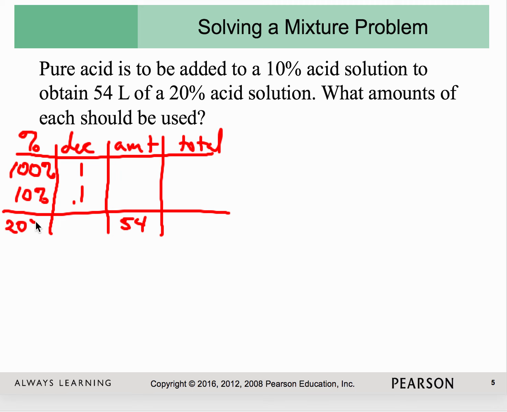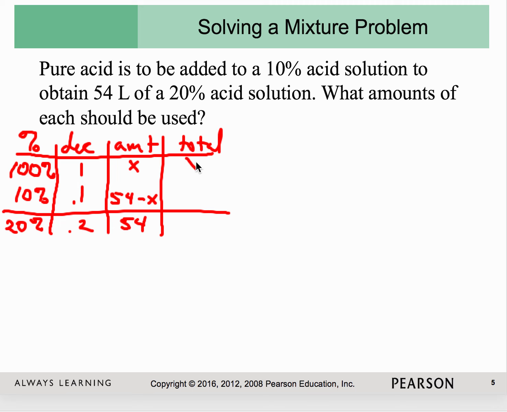Okay. Now, if it's got to equal 54, and I don't know how much that is, what would go here to make this plus this equal 54? Yep, 54 minus that. If that's 4, this is 50. If that's 20, this is 34. Okay, and once I get these spots filled in, this times this goes right here.